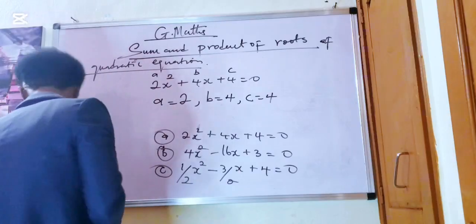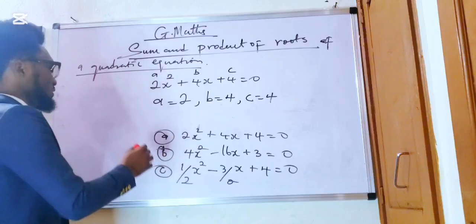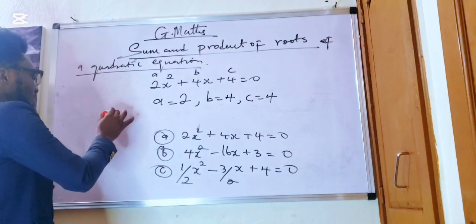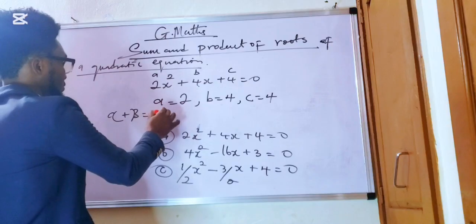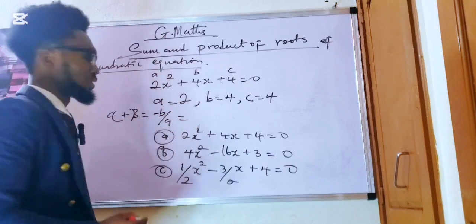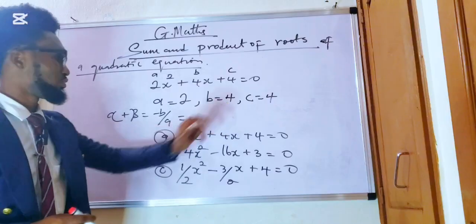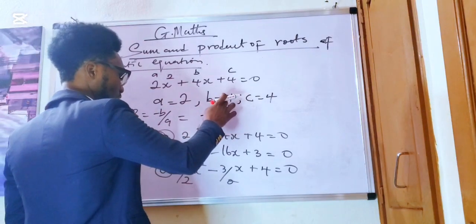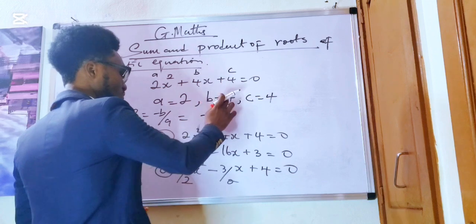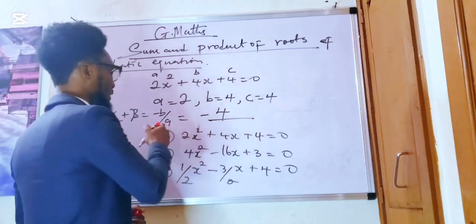Now, having taken this first step, remember that our sum of roots, alpha plus beta, is equal to minus b over a. What is b here? B is 4, so I will simply say minus 4, substituting 4 for b, divided by a.